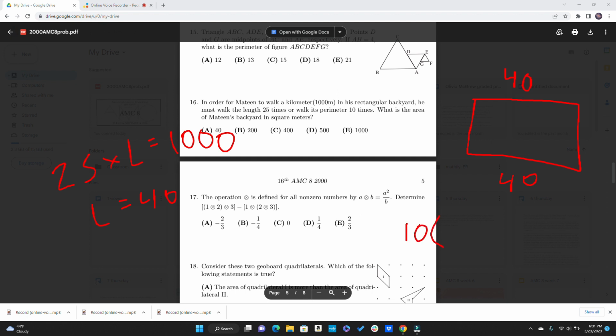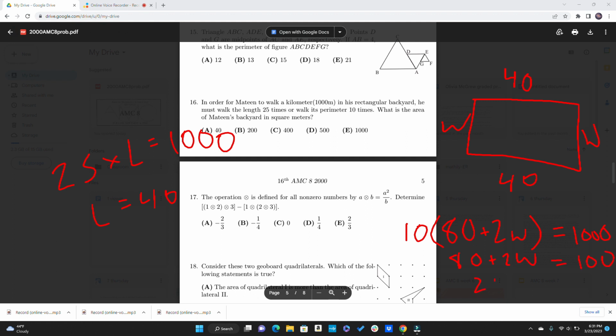So 10 times the perimeter, which is 2 lengths plus 2 widths, so that's our 80, for the 40 and the 40, plus 2 times the width. We get 2 widths that make up the perimeter, and that is 1,000. Solving for W, we divide both sides of the equation by 10. 80 plus 2 times W makes 100.